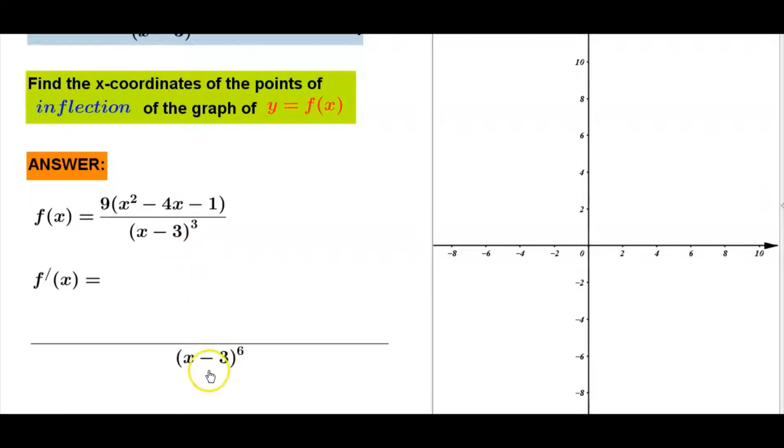In the numerator, (x minus 3) to the power 3 into derivative of this numerator. Our 9 is a constant, 9 into, inside the bracket, 2x minus 4.